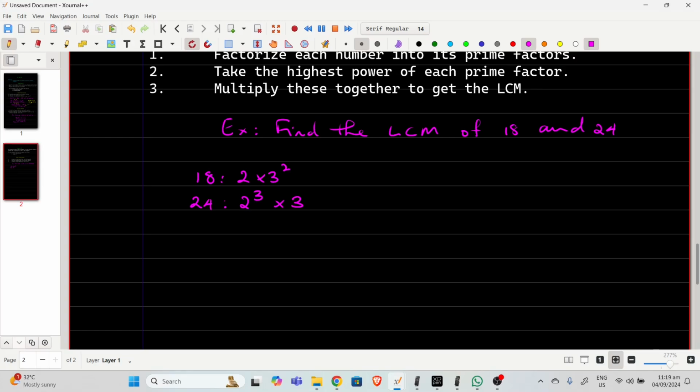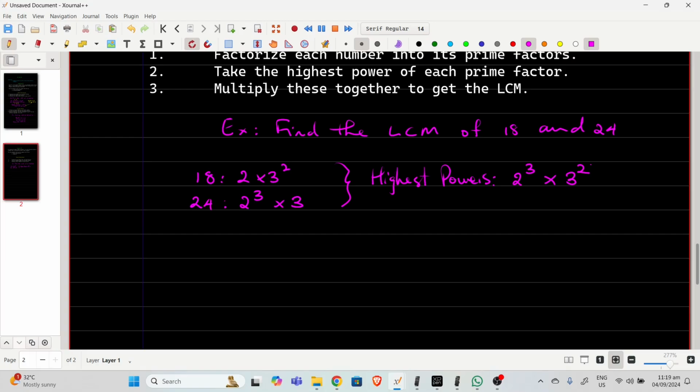Now remember, what we want is the highest powers in each. So for 2, in this case the highest power is 3, so I'm taking 2 to the third power, and then I'm multiplying by the highest power of 3, which is the second power, so 3 to the second power.